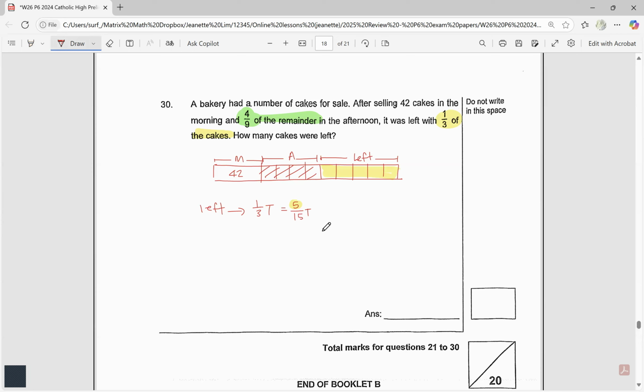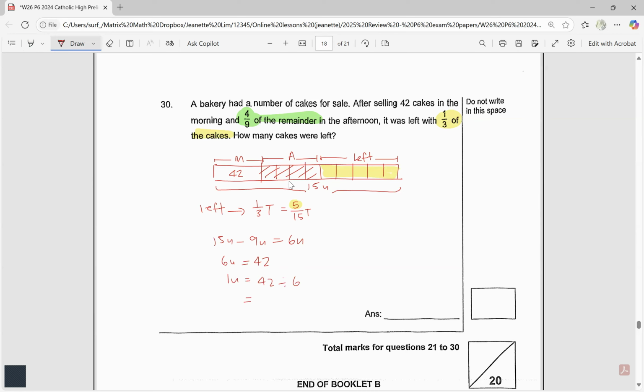Which means that 15 is the total number of units. Okay, so 15 units is this whole thing. So next, figure out what is 42. If the portion of your remainder is 9 units, what's 42? It will be 15 units minus 9 units, which is 6 units. So 6 units is 42.